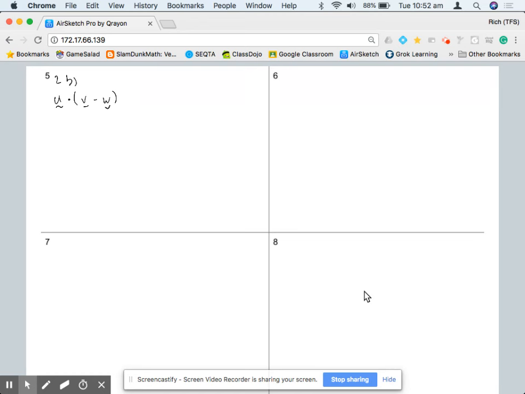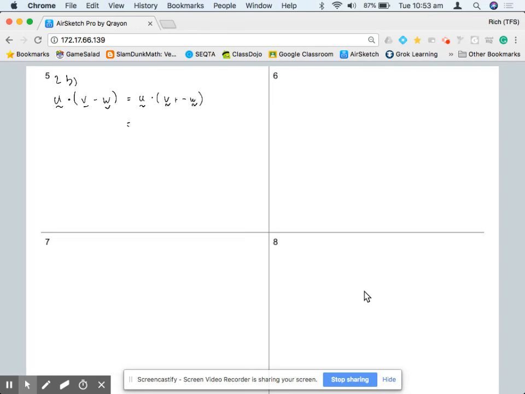So I'm going to go straight into a little bit of notation here because I know subtracting a vector is the same as adding its negative. So I'm going to go u vector dot product with v vector plus negative w vector.